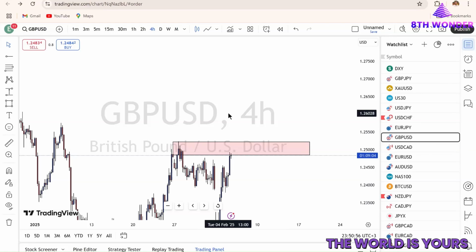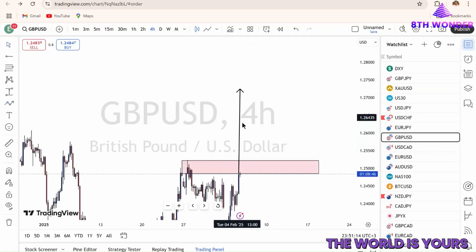Because during NFP, the market might rapidly move from here to here in a period of 1 minute. The moment the news is released, you can see a shoot of a candle at this point. So once you have your sales here, consider using a stop loss during news or even exiting the trades during news.